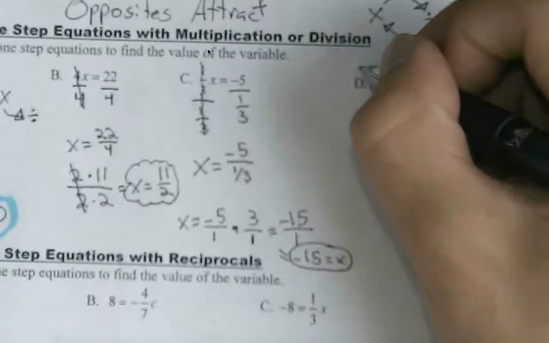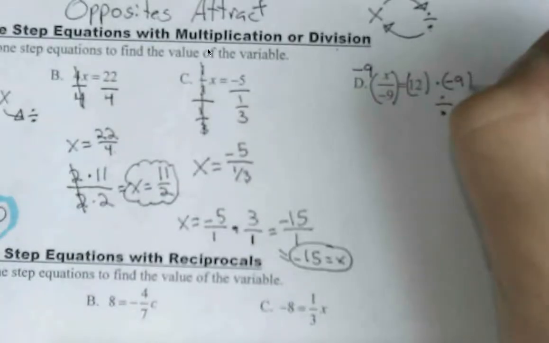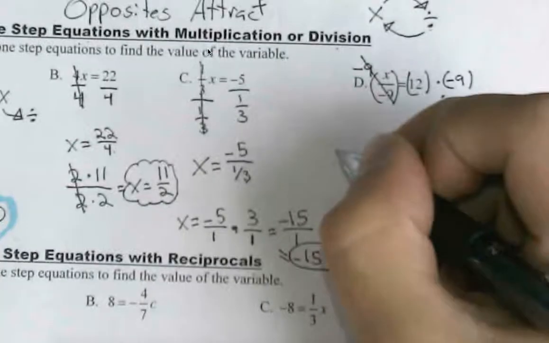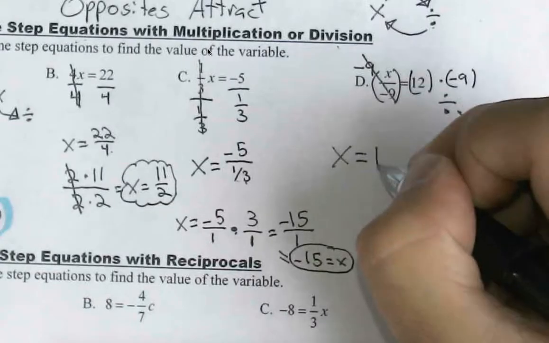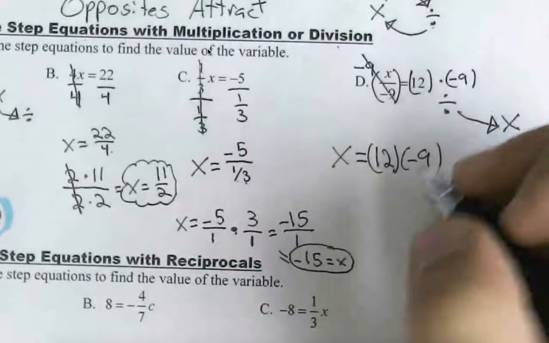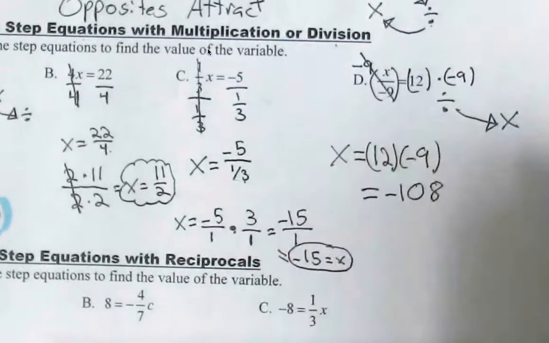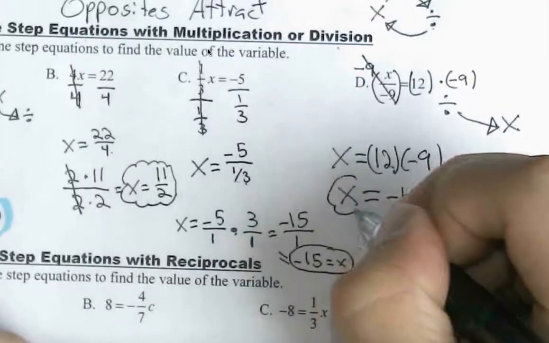Should be saying negative 9. Multiply negative 9 on both sides. Our negative 9s on the left side cancel. This leaves us with x, and then the product of 12 and negative 9, which we can then rewrite to negative 108. And that's x.